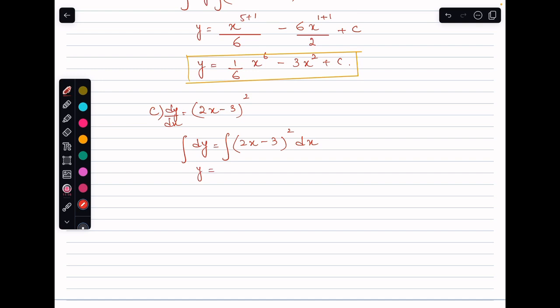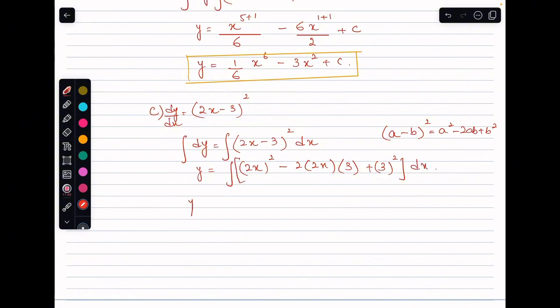To integrate (2x minus 3) squared, I apply the formula for (a minus b) squared, which is a squared minus 2ab plus b squared. So this is (2x) squared minus 2 times 2x times 3, plus 3 squared, and this is what we need to integrate.